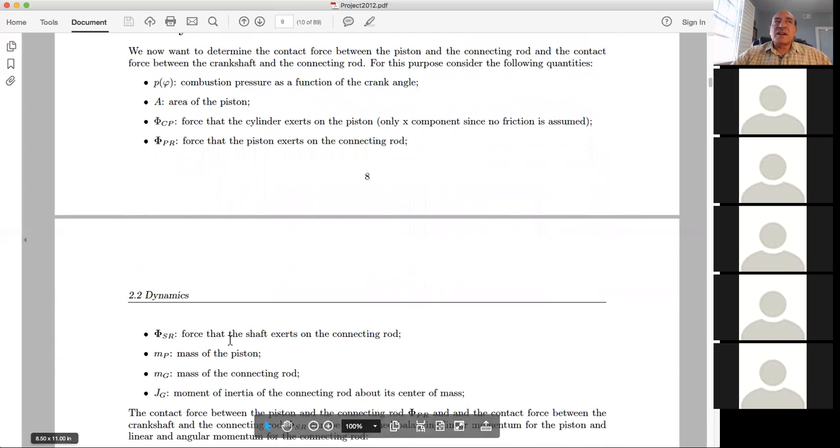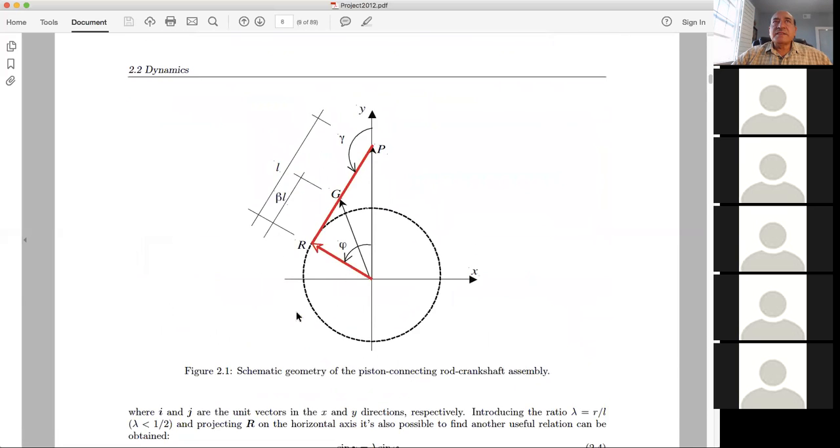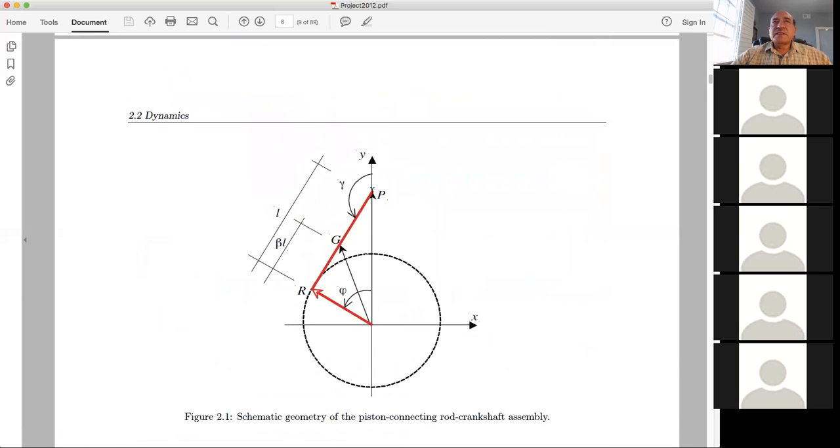So the connecting rod, if you look at it, the piston is acting on the connecting rod in this direction, and the shaft is acting on the connecting rod in this direction. So the connecting rod has some concentrated forces on this end, P, from the piston, and some concentrated forces on this end from the shaft.